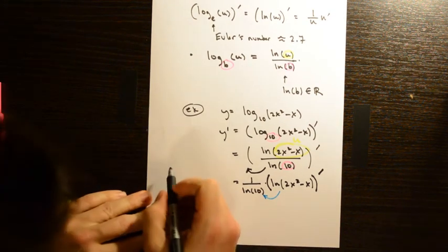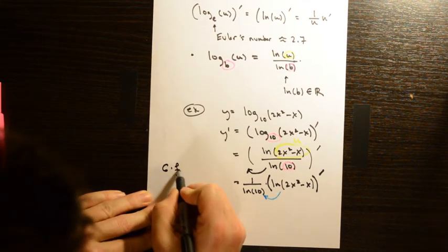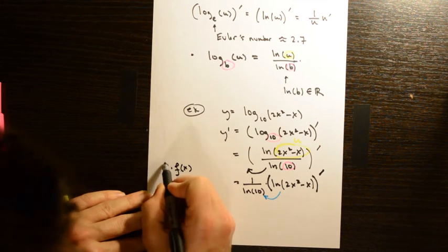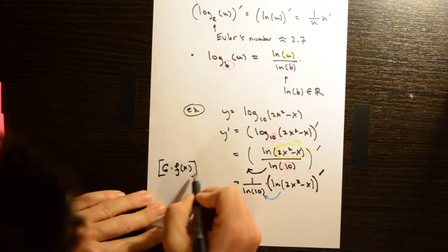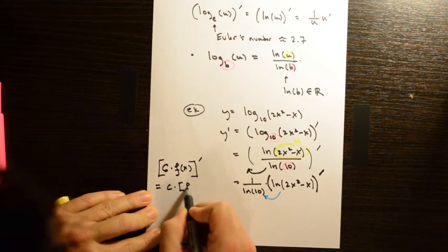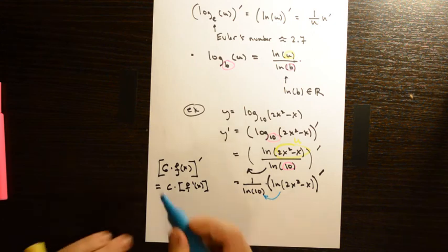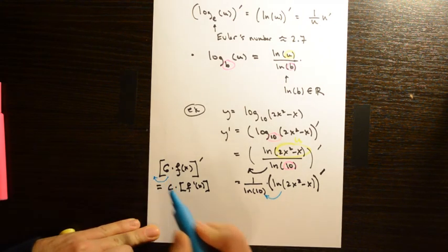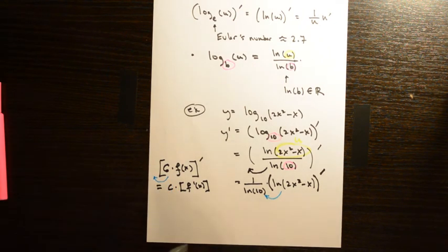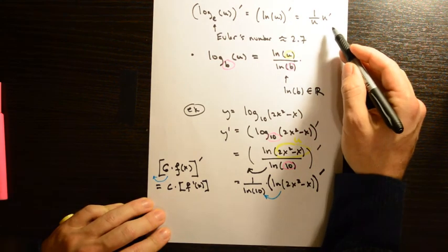This idea is the same as saying a constant c times a function of x, you're differentiating the whole thing, is equal to that constant times f prime of x, like this. So you're able to pass the constant through the parentheses. Now we differentiate this according to this rule.